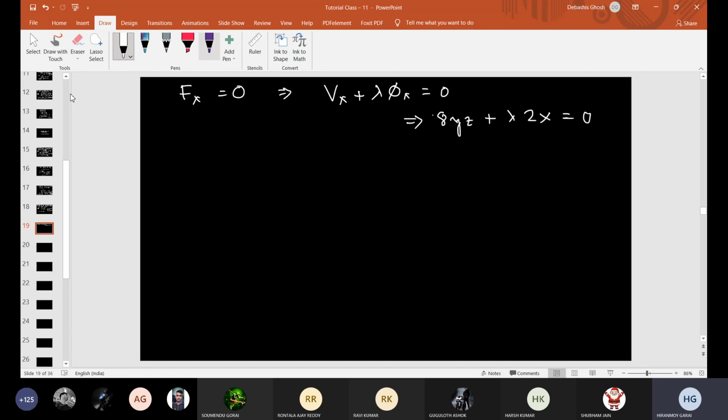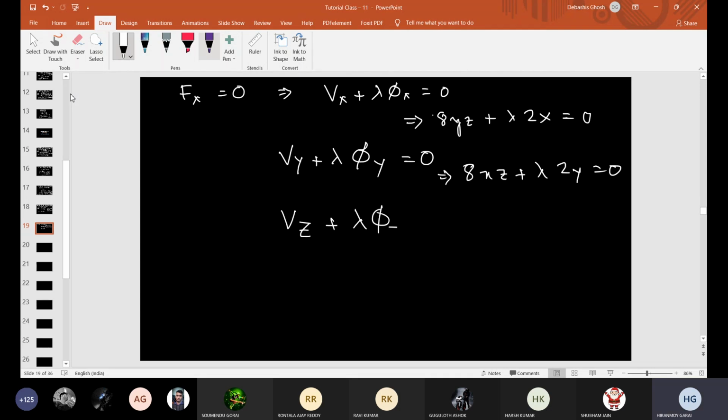Similarly, Fy equals 0, that is Vy plus lambda phi y equals 0, which gives 8xz plus lambda into 2y equals 0. And Vz plus lambda phi z equals 0, which implies 8xy plus lambda 2z equals 0.